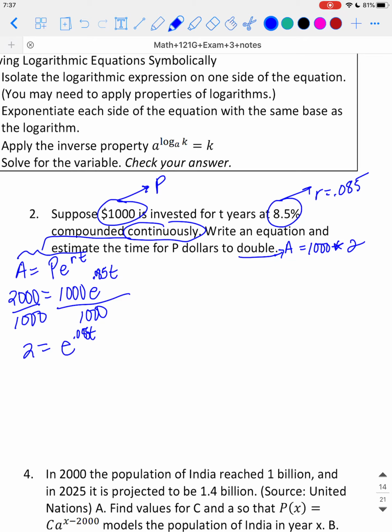And since my base is e and my exponent is t, and t is my variable, t is in the exponent. To get rid of an exponent, I'm going to take the ln of both sides. And why the ln? Because my base is e. So I'm going to take the ln of both sides.